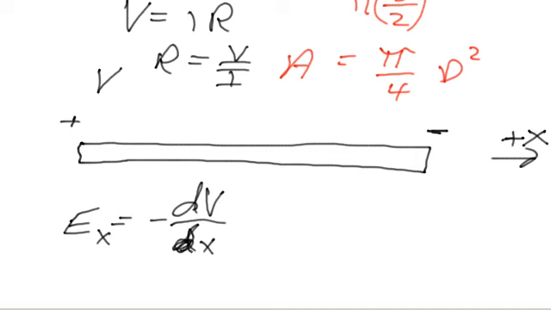So in the case of a constant, or uniform really, I'll go ahead and write it down as uniform. This just becomes, oh, this was d phi by dx. Sorry about that, d phi by dx.